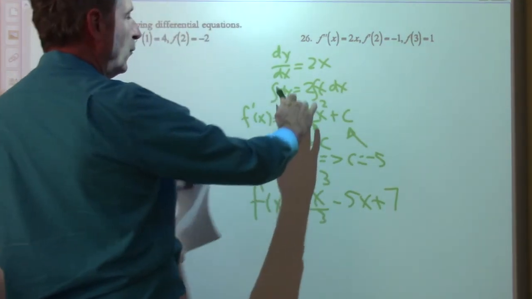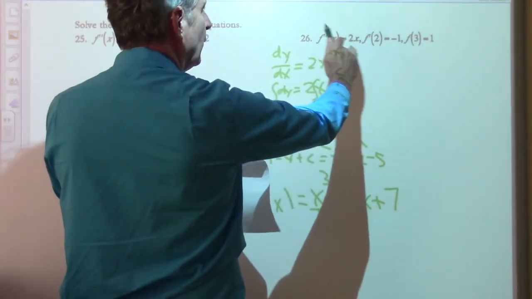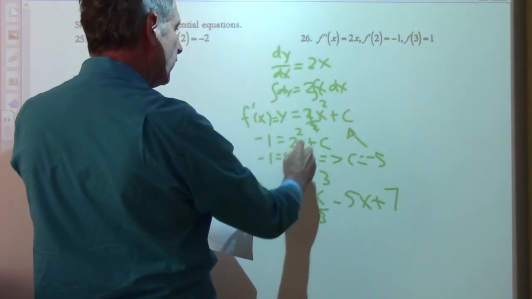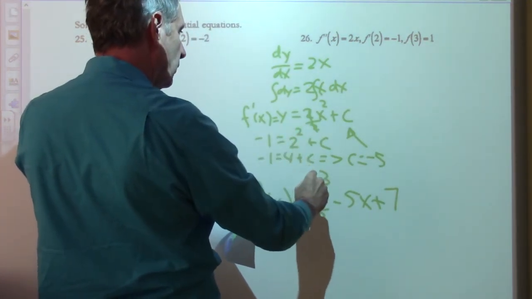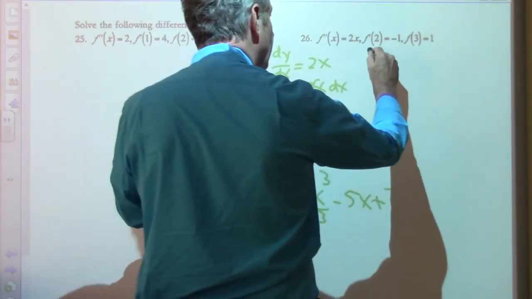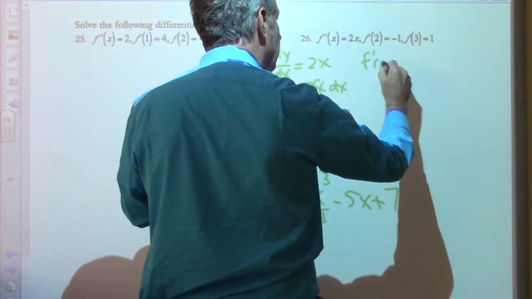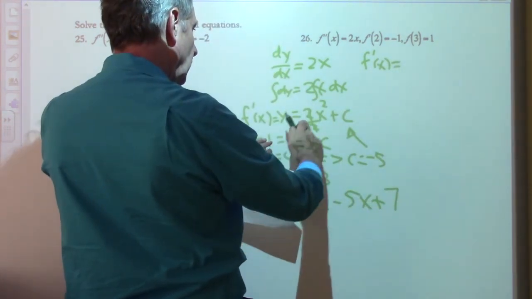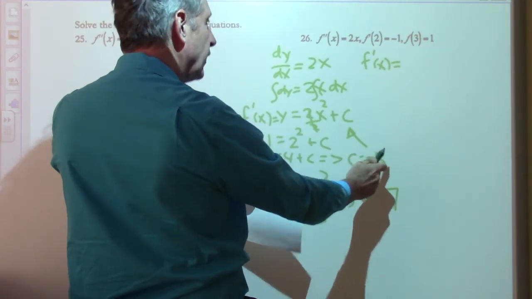And so we've gone up one level from f double prime to f prime, and this is called our particular solution. So it's going to be f prime of x is equal to x squared minus 5.